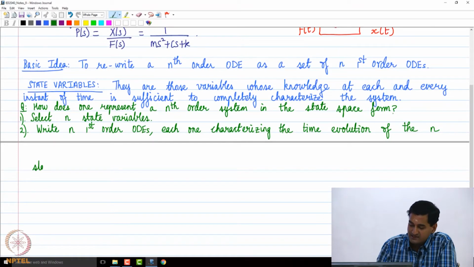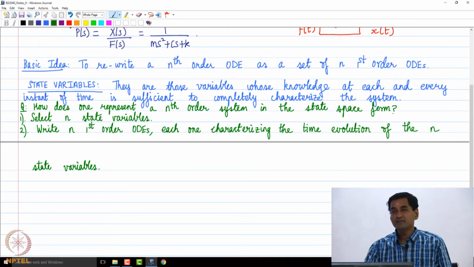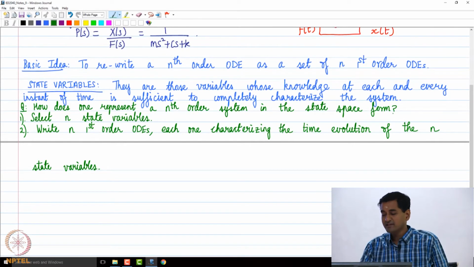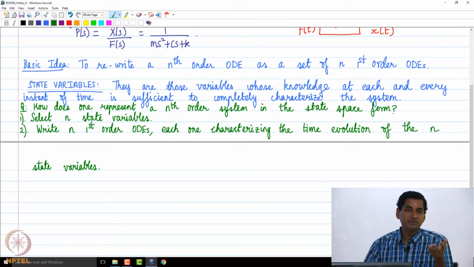Okay, so that is the second step. Okay, so we have n state variables. What you do is that, like, essentially you write down n first order ODEs, each one characterizing the time evolution of each state variable. Okay, we will understand what it is shortly.